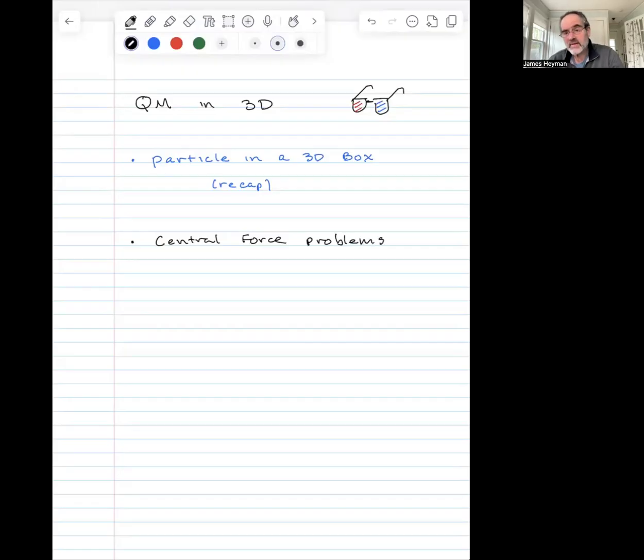First, we'll define what a central force problem is, but then we'll turn to examine this with quantum mechanics. In order to do this, we'll see that we have to write Schrodinger's equation in spherical polar coordinates. And we'll talk about how that works.